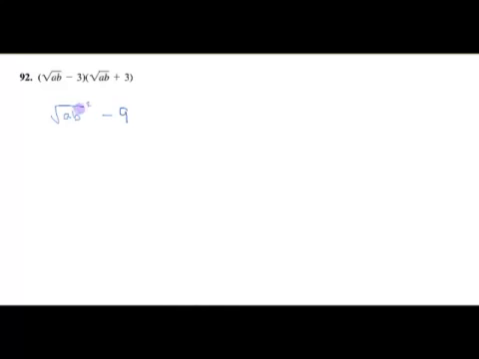That gives me the square root of ab squared is ab, minus 9. Again here, the square root of ab minus the square root of c times the square root of ab plus the square root of c. So I have a square root of ab squared and a minus square root of c squared. And that gives me ab minus c.